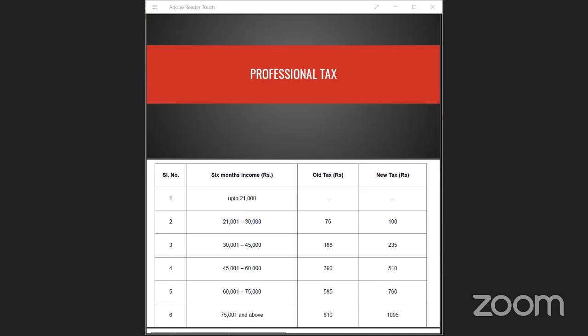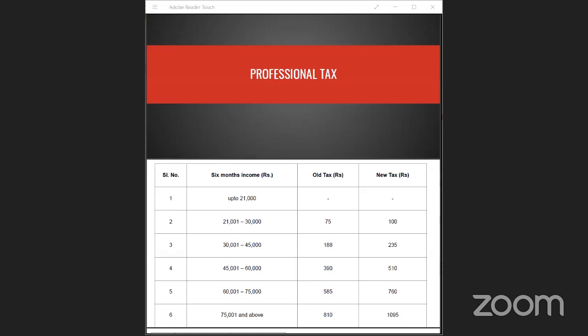To calculate the 6 months gross, I need to do 10,000 into 6, which is 60,000 rupees.